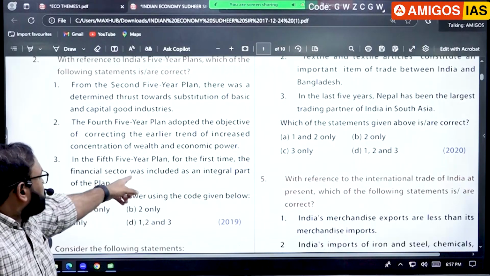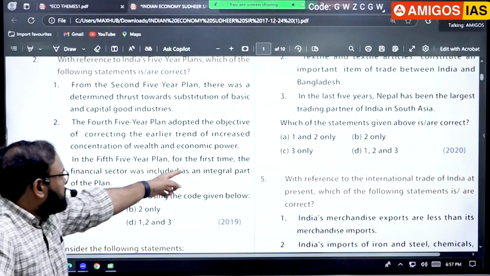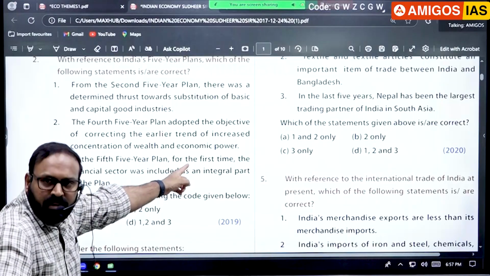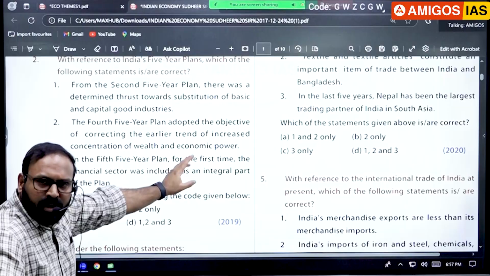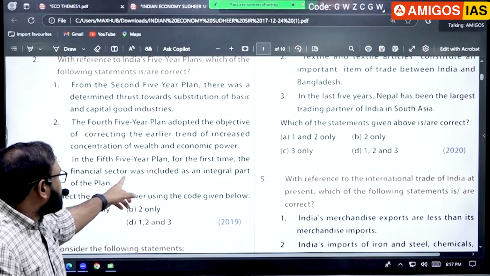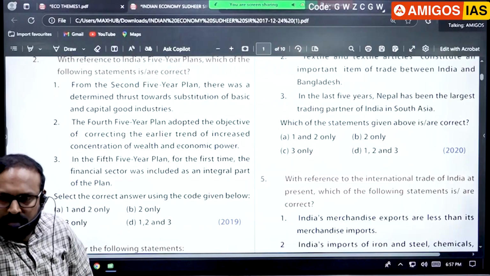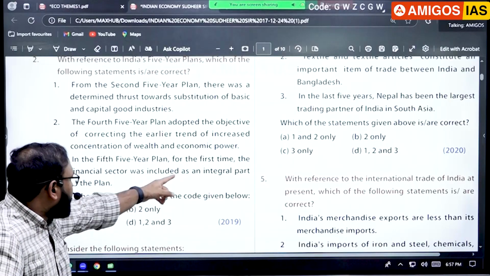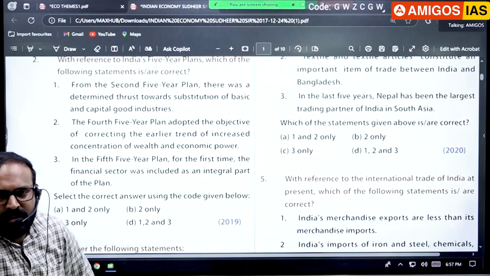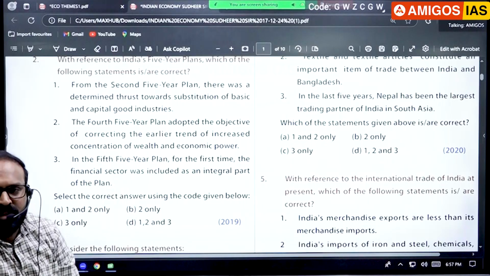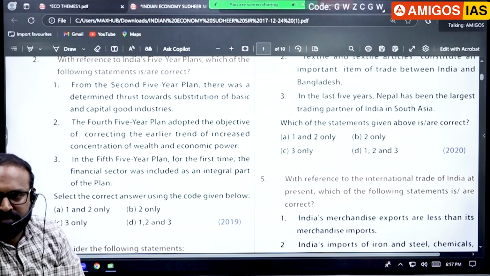Third, in fifth five-year plan, for the first time, this is the key. If you understand this word, you understand the statement. The financial sector, what is financial sector? Banking, right, was included as an integral part of the plan. To understand this, let us recollect Indira Gandhi.